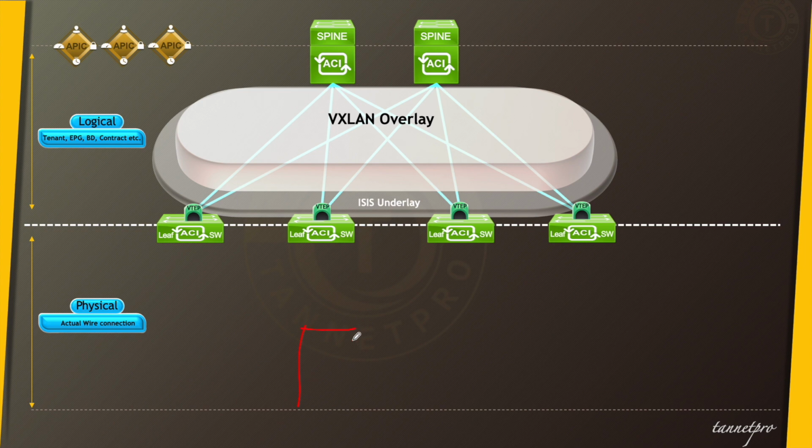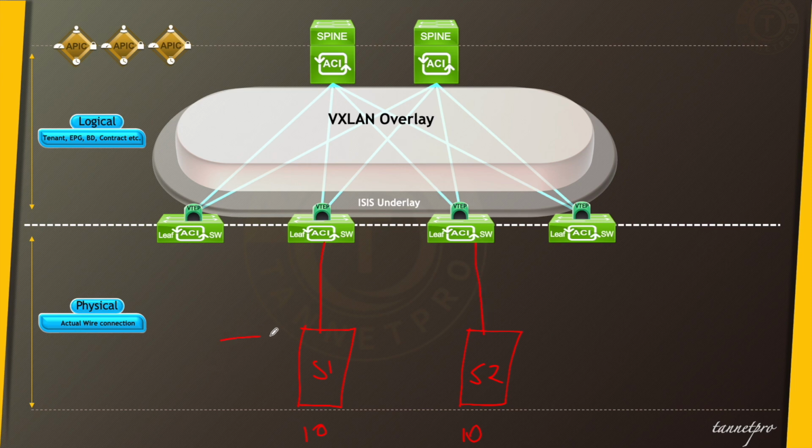Consider this is server 1 and this is server 2, and both are in VLAN 10, or any VLAN it could be, but they have to be in the same EPG. This server is connected with VLAN 10, and this server and these connections understand VLAN tagging.